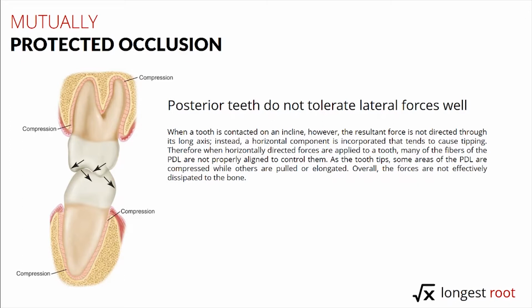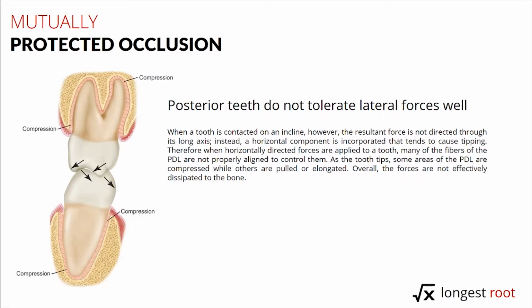We can see that the posterior teeth actually don't tolerate lateral forces very well. So when a tooth is contacted on an incline, the resultant force is not directed through the long axis. Instead, it has a horizontal component, and that tends to cause tipping motions. Therefore, when horizontally directed forces are applied to the tooth, many of the fibers of the PDL are not properly aligned to control them.